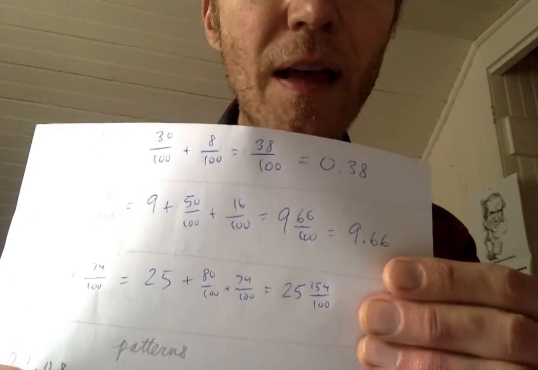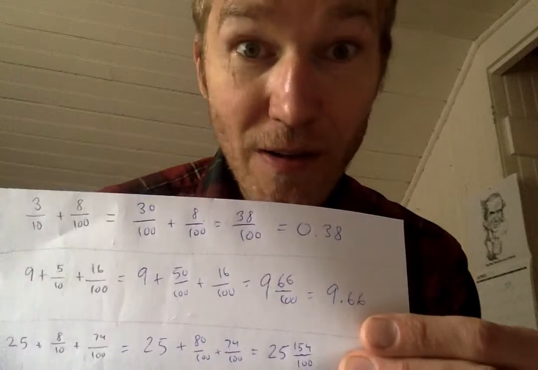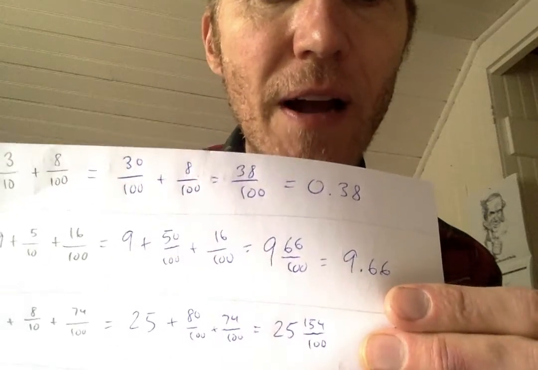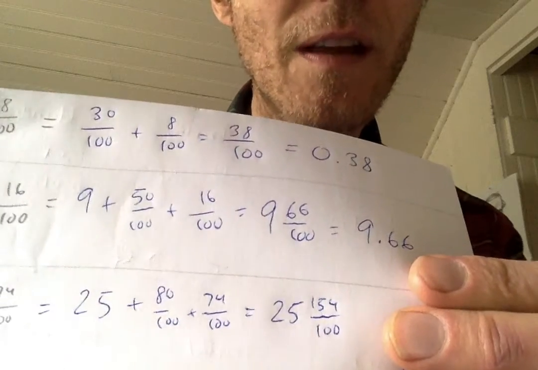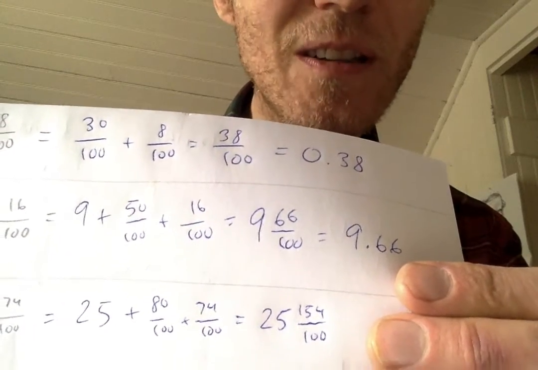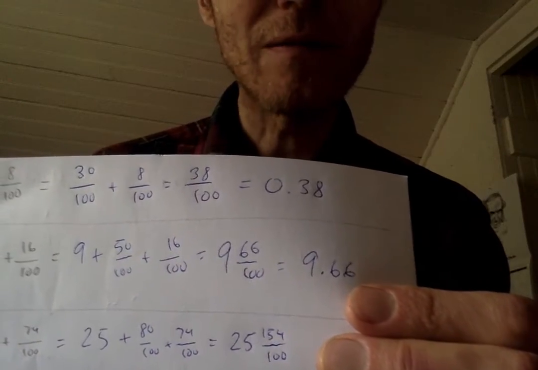25 and 154 hundredths. Well, here's where we have to do kind of what we did before with decimals and fractions. Remember how, are there any holes in there? Yeah, 100 hundredths is a hole. So we got to take that hole out.